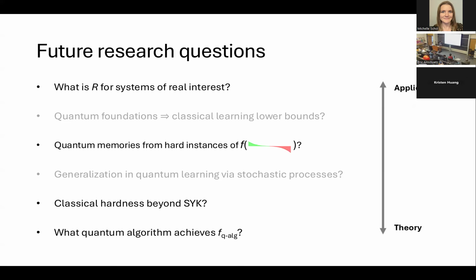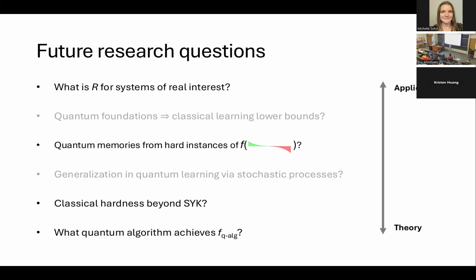Okay, some other things I'm interested in, just to rattle off a few of these: trying to understand classical lower bounds for this ground state optimization problem that I mentioned earlier, beyond this very fine-tuned, or very strange, SYK model; trying to come up with quantum memories from these difficult instances of optimization problems.